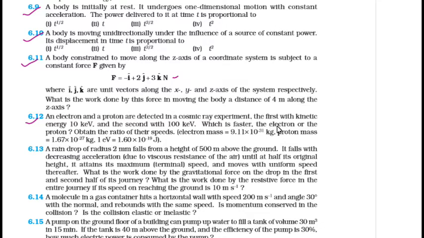Which is faster, the electron or the proton? Obtain the ratio of their speed. Mass of the electron and protons are given and the value of electron volt is also given. So let us see the solution.